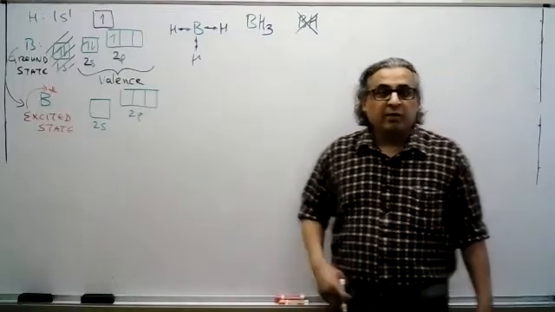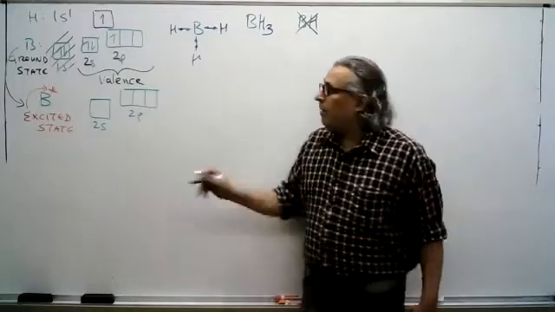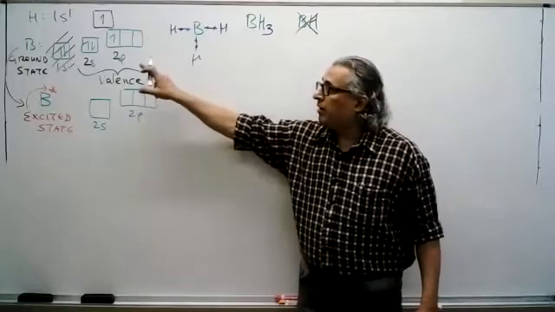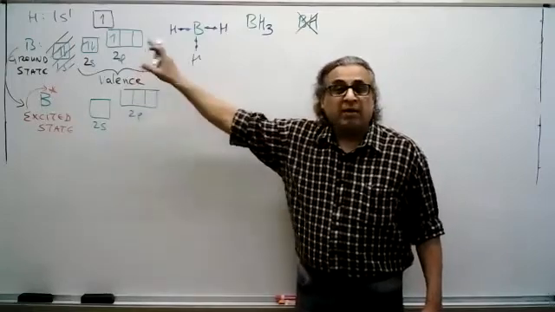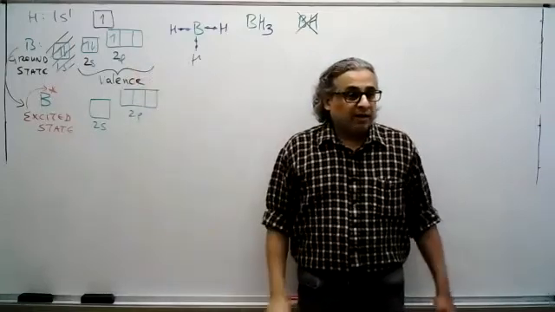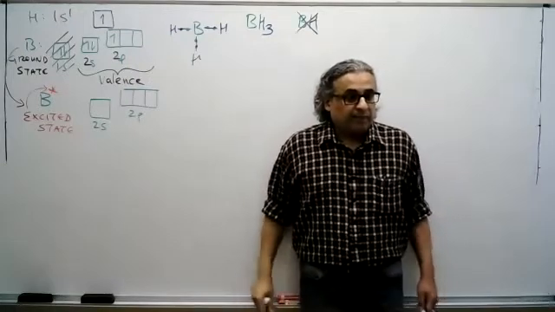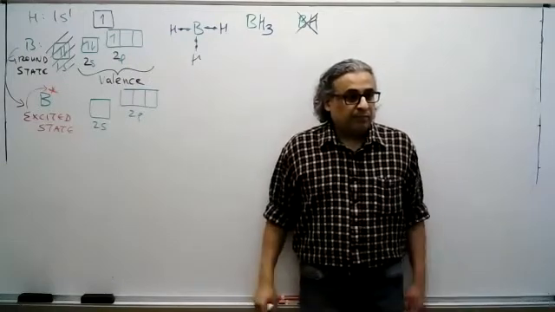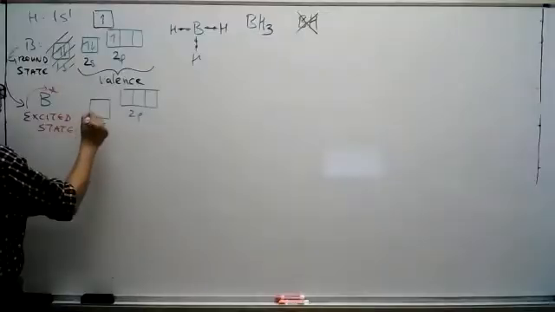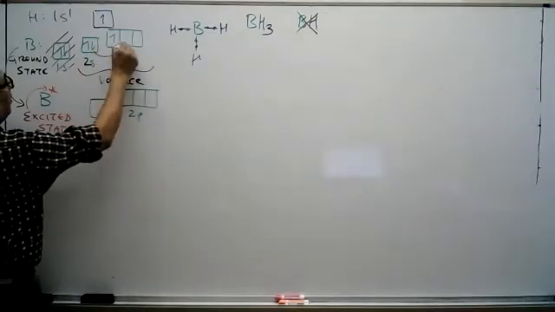You guys have no clue? How do you make 3 unpaired electrons from 1 pair and 1 single? Having that electron go into that orbital. Very good. So this guy jumps here.